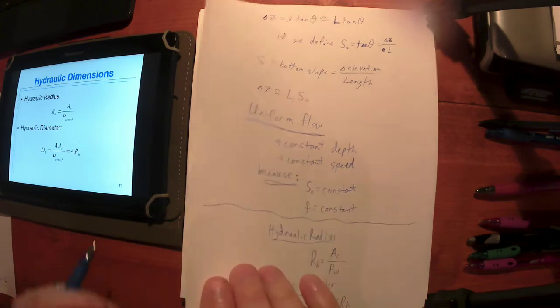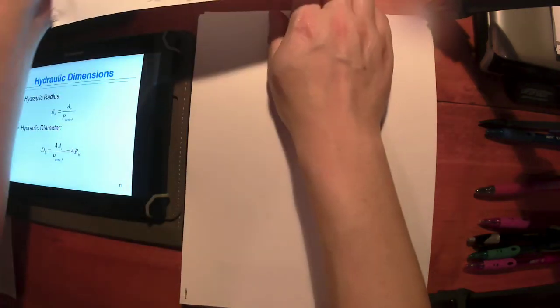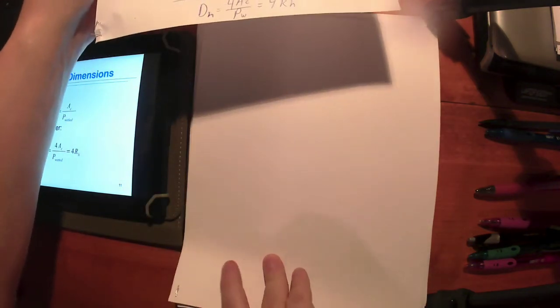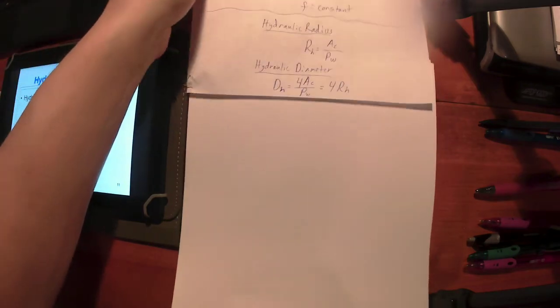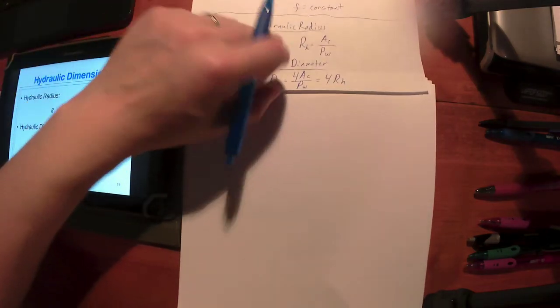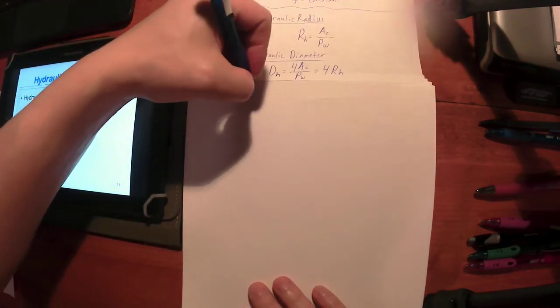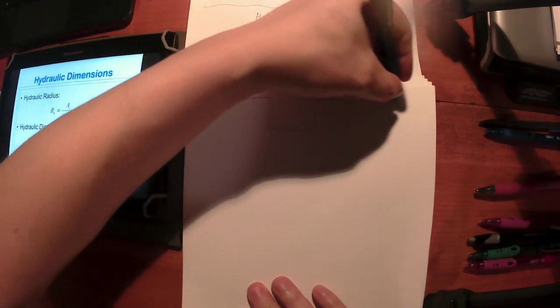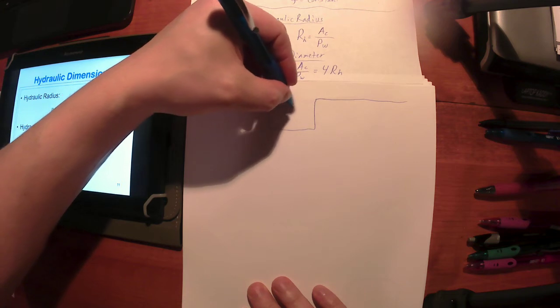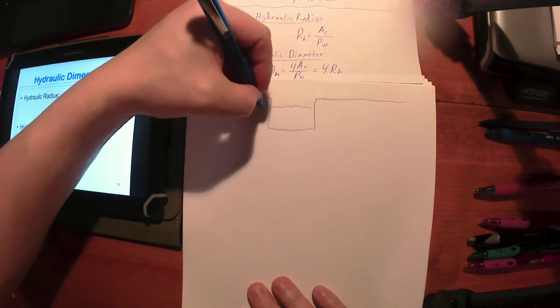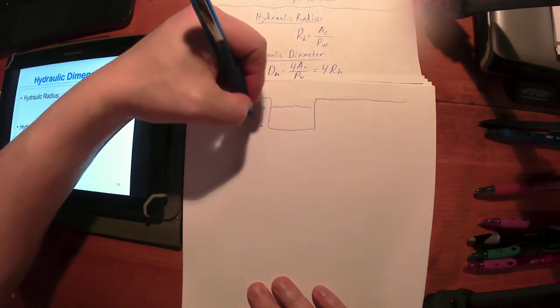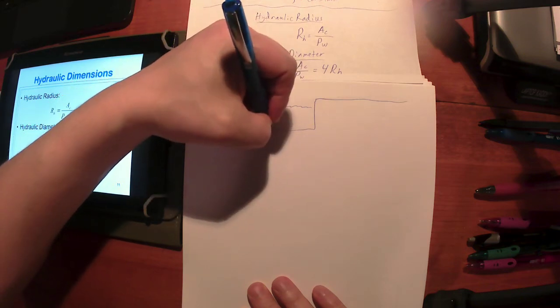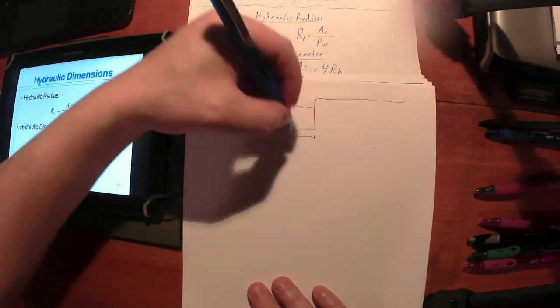Okay? So if I've got a channel here, let's say I've got a roughly square or rectangular channel, and I've got fluid in here. And let's say I've got length A and length B, right?